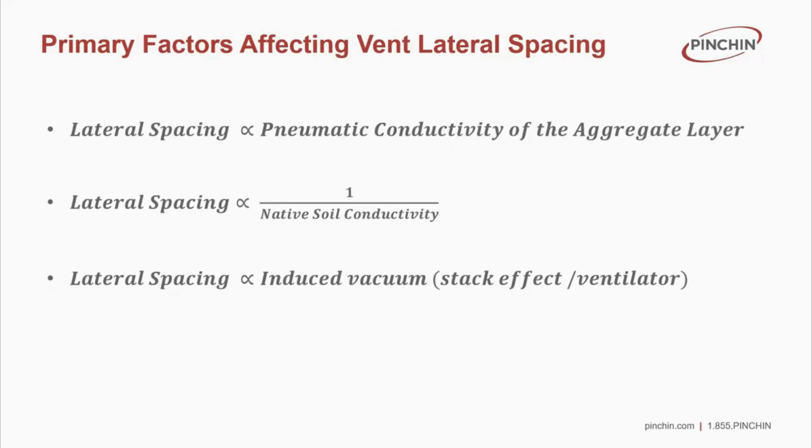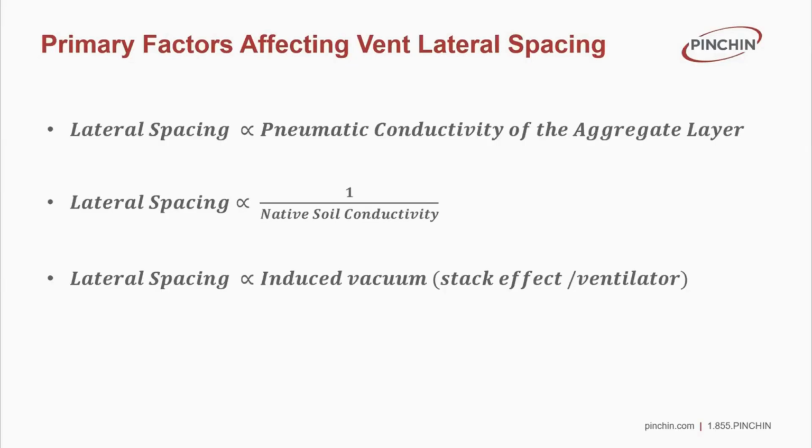Here are the factors that affect the vent lateral spacing. The lateral spacing is directly proportional to the pneumatic conductivity of the aggregate layer. That means the higher the permeability of the aggregate layer, the farther away the vent laterals can be spaced.